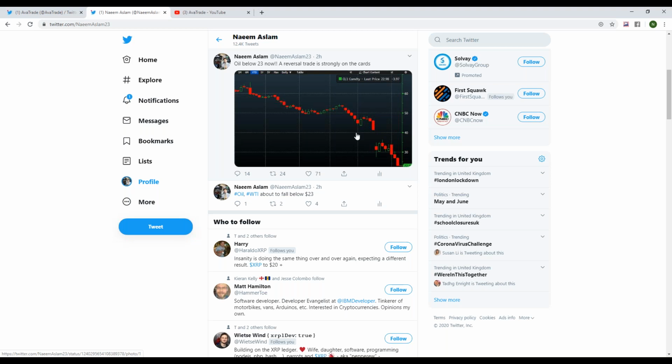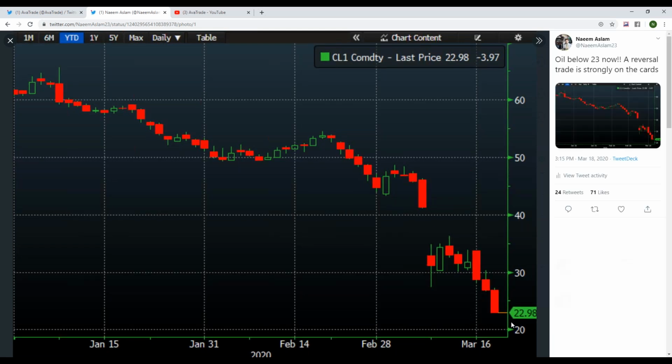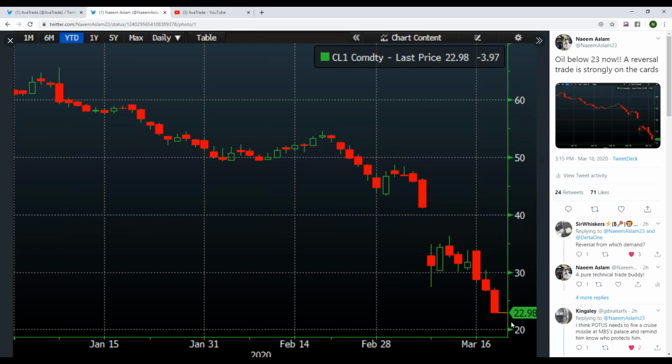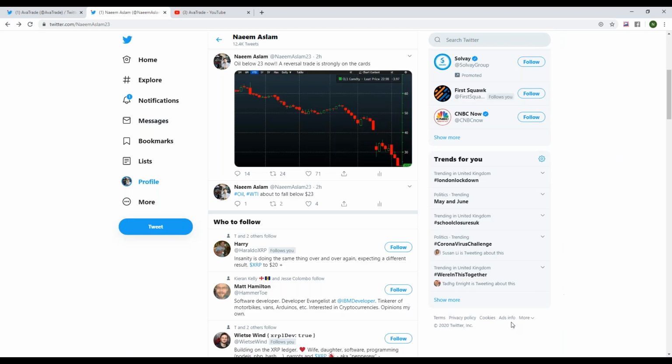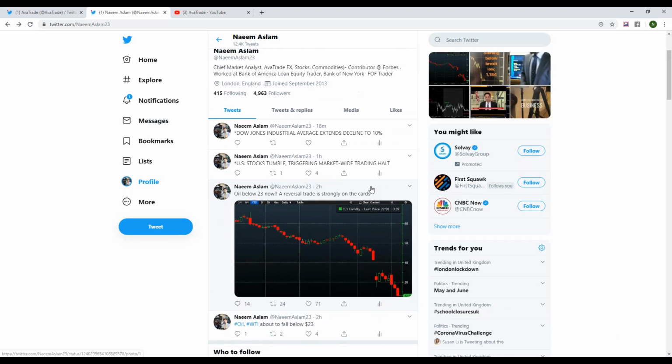Especially look at this one, when crude oil dropped below the level of 25 and went down to 22, and now I think it's trading at 21. So you get all those nuggets when the market is breaking.